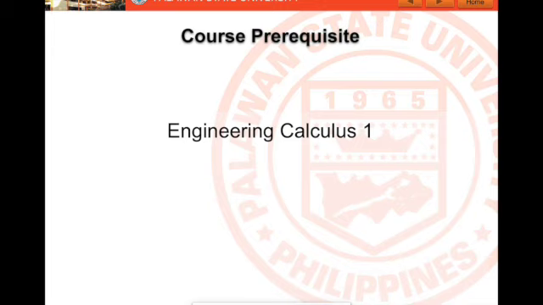It's not the only thing that you need to know, because in Engineering Calculus 1 you also have prerequisites. You need algebra, you need trigonometry, you need geometry, and other basic engineering mathematics.